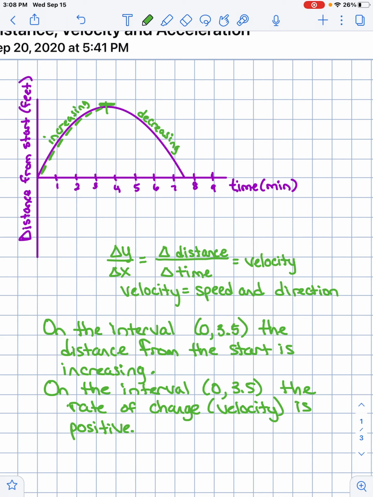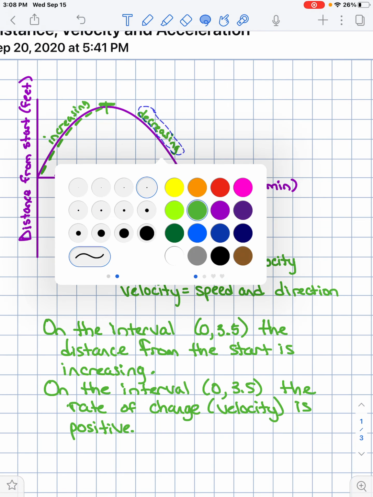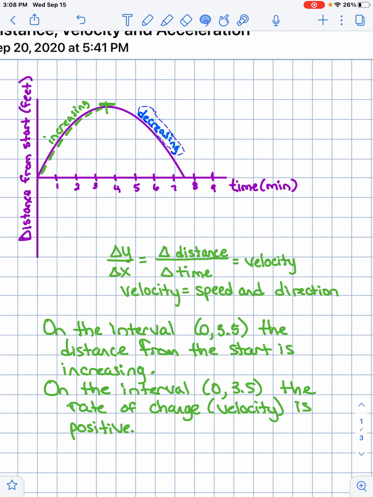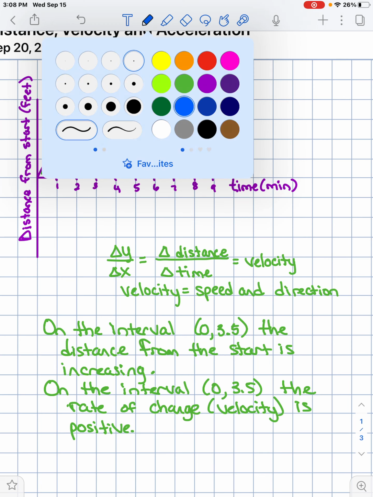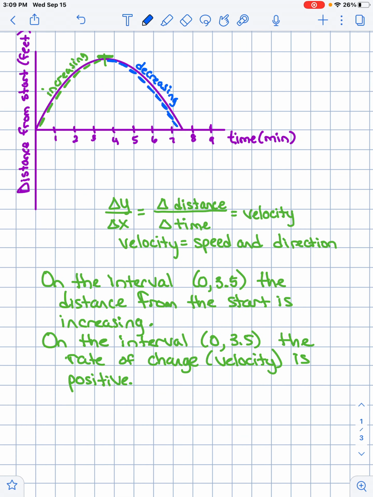Okay, I'm going to use a different color for the decreasing so it'll make a little bit more sense. So if we talk about where we're getting closer to the start again, so the distance is starting to decrease. I can see that if I were to draw tangent lines here, all of those velocities, the rates of change, all have a negative slope. So let's talk about that.